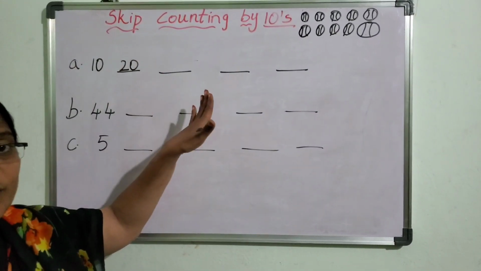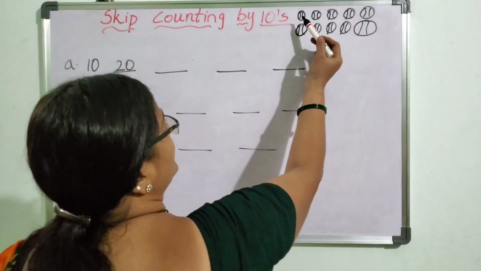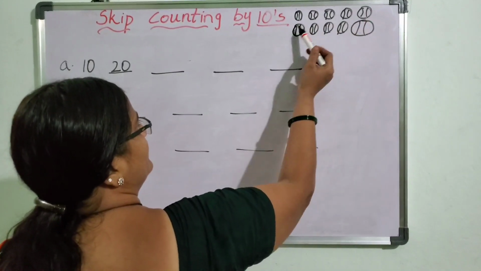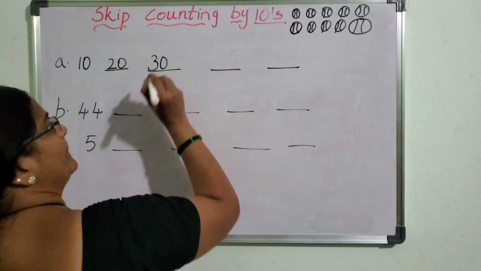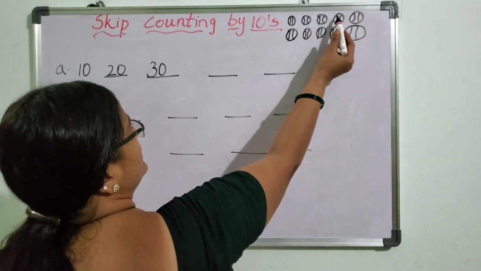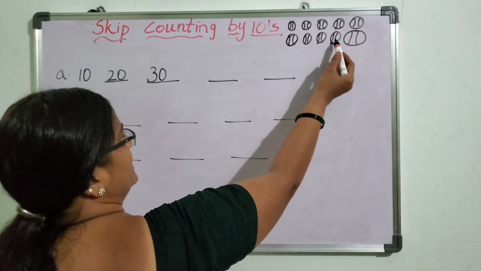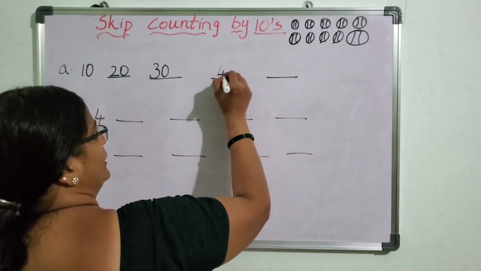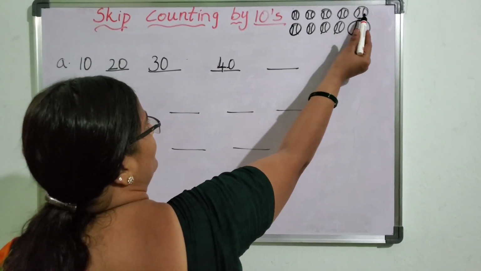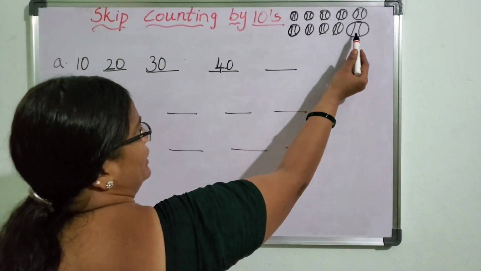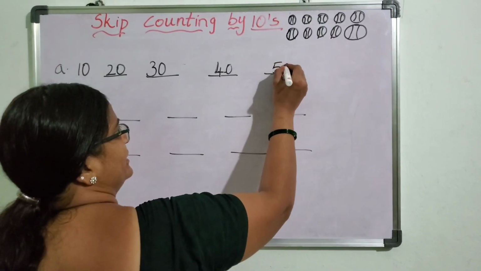Now after 20 what will come? Again 21, 22, 23, 24, 25, 26, 27, 28, 29, 30. 31, 32, 33, 34, 35, 36, 37, 38, 39, 40. 41, 42, 43, 44, 45, 46, 47, 48, 49, 50.